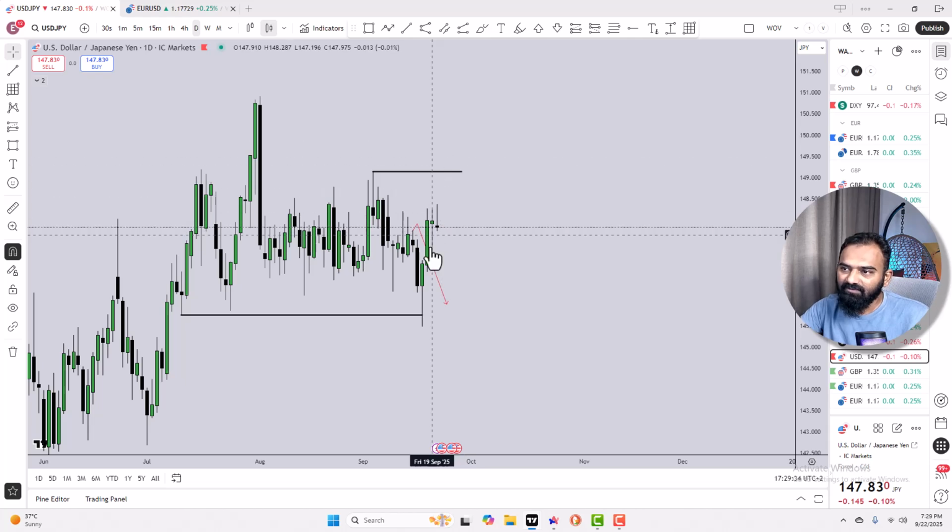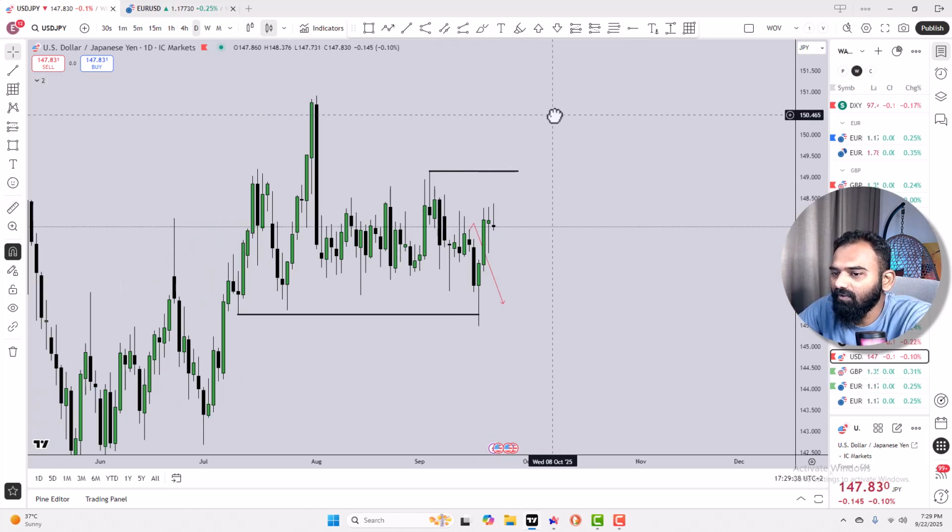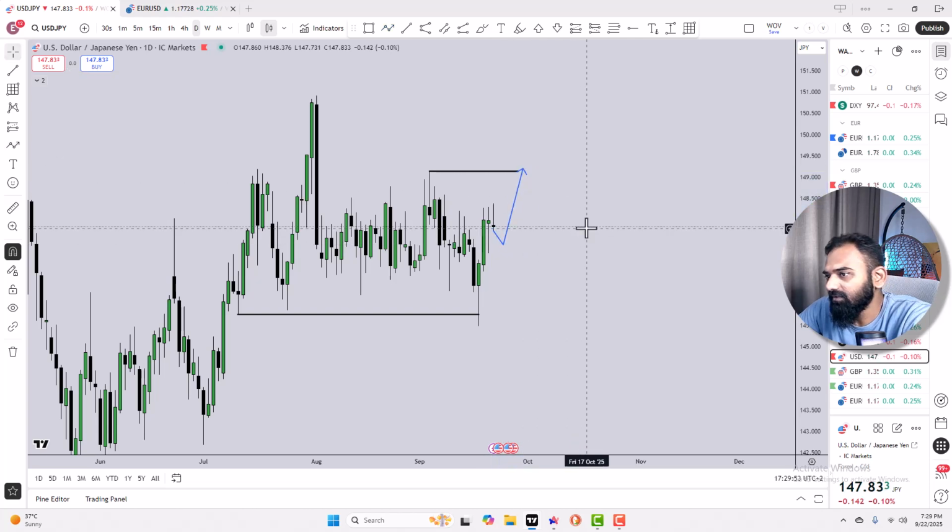From tomorrow itself we can start to buy, but overall dollar is pretty much weak, so that has to be taken into account. Sell side target has been completed. I believe maybe this should happen.